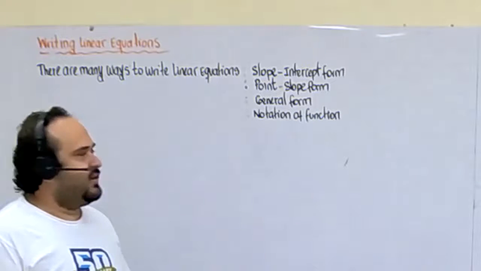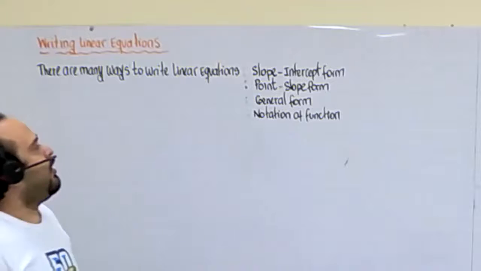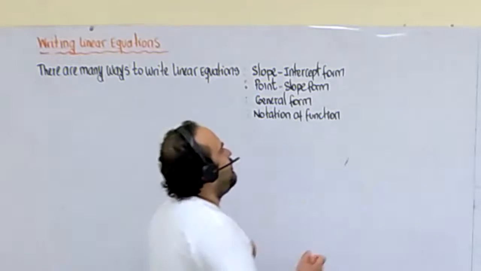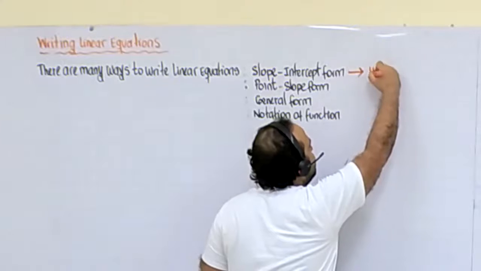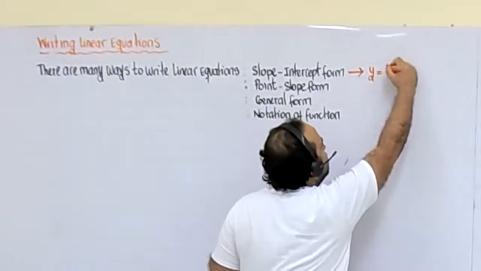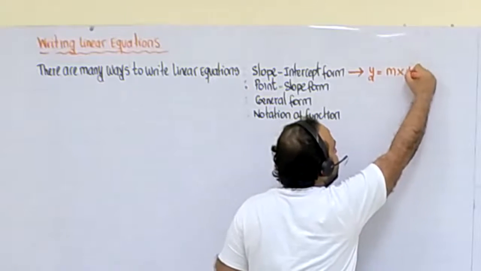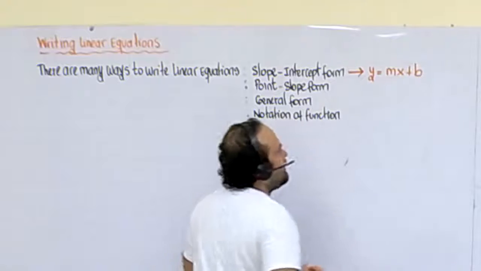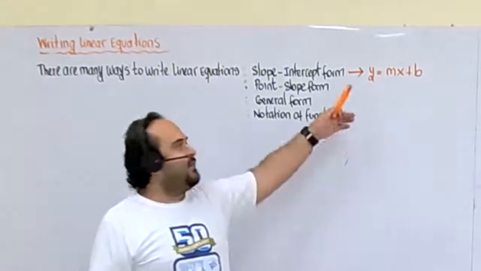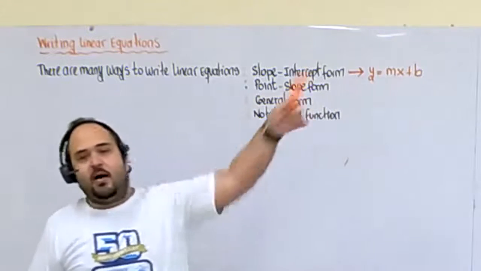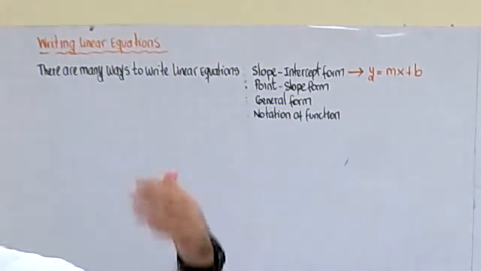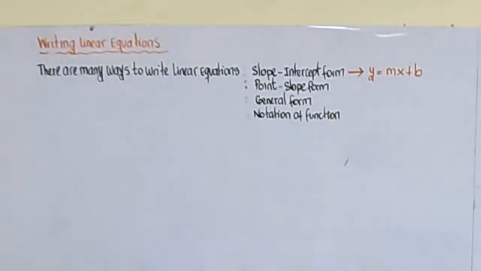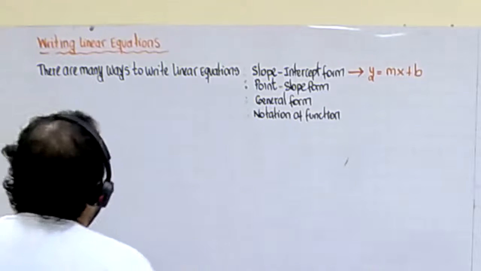Well, that kind of linear equation is what we call the slope intercept form, given by the formula y equals mx plus b. This is the formula, or sometimes when we solve for y in any equation, where m represents the slope of the line, and b represents the y-intercept.